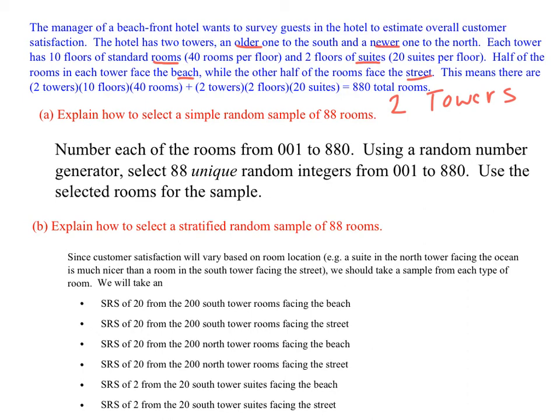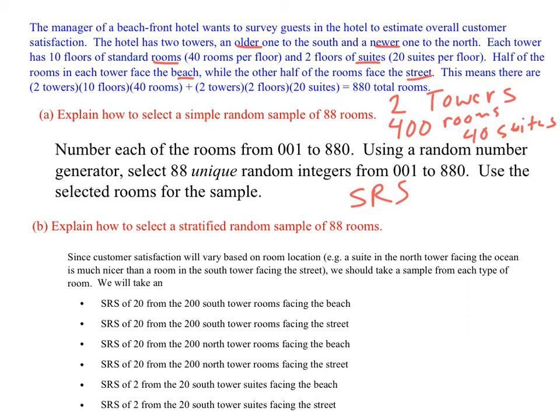So you may want to put a note in here. Part A is just describing an SRS. Because if you add up all the rooms between the two towers, each one has 400 rooms and 40 suites. So a total of 880.